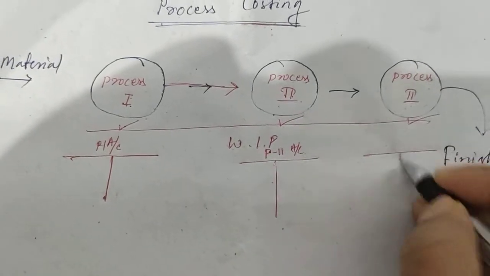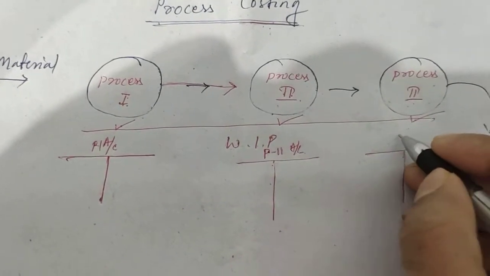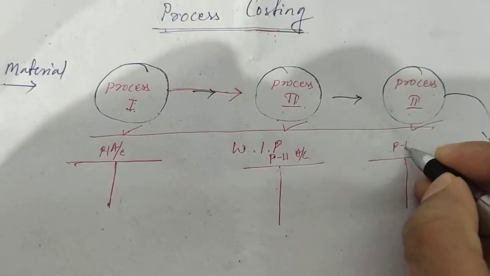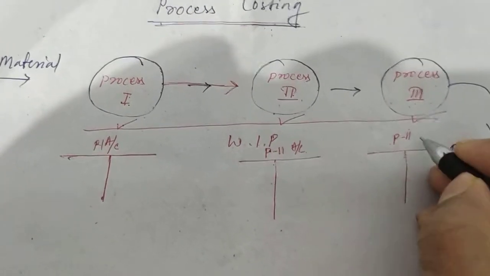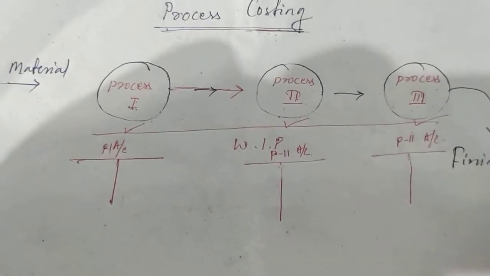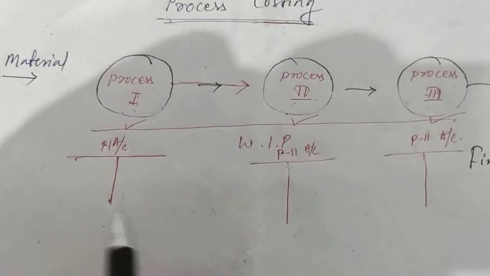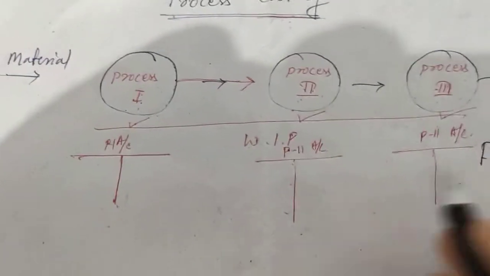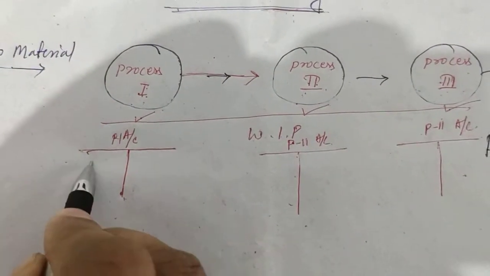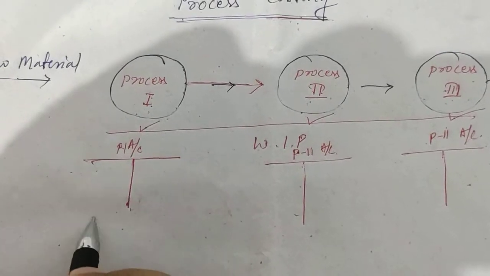And for process 3, we have to prepare another separate account, that is process 3 account. You understand? So for each and every process, we follow a different account, and the input and different types of cost should be recorded.